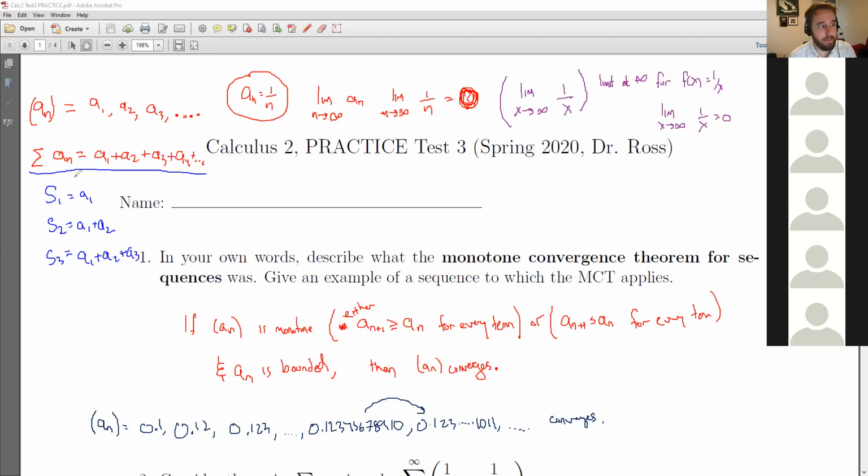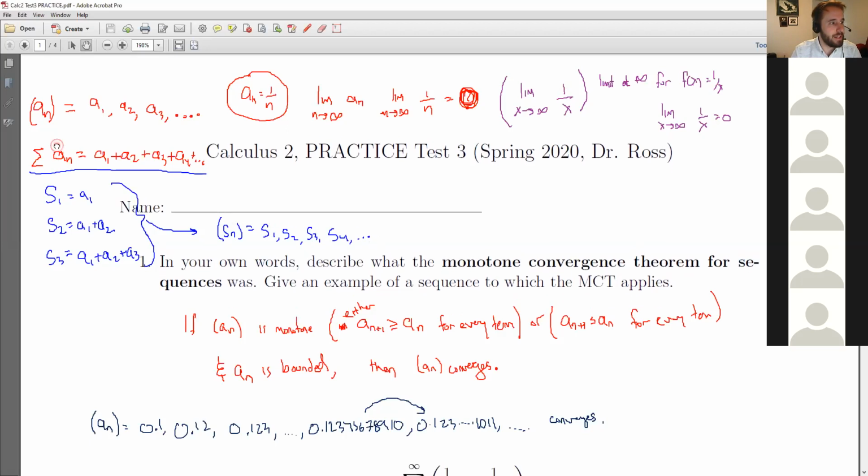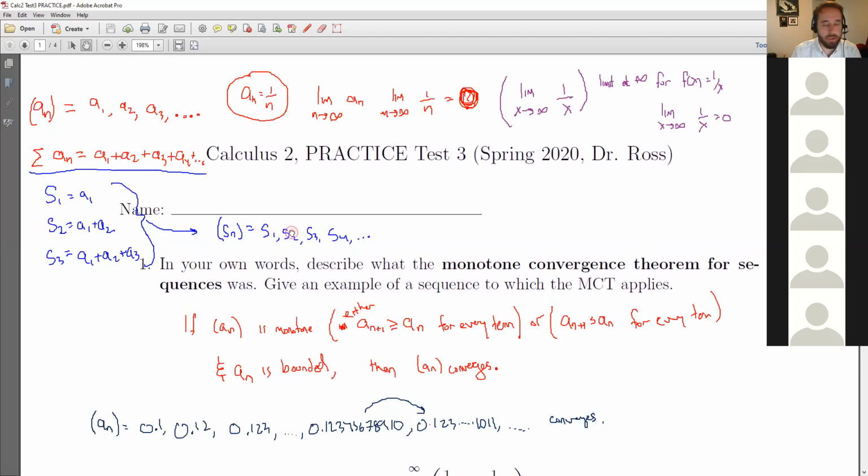So S sub n would be the first n terms of the sequence added up. So these are all the partial sums, and then we looked at the sequence S sub n, which is S1, S2, S3, S4, ... and we saw whether or not that sequence converged. So we have this theory that says the series converges if and only if this sequence of partial sums converges. And that's how we can think about series convergence.